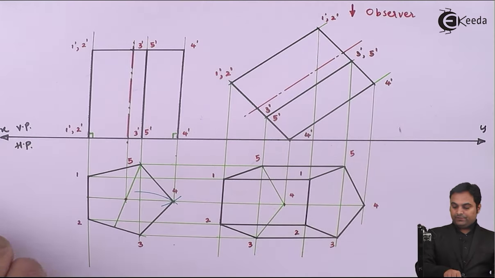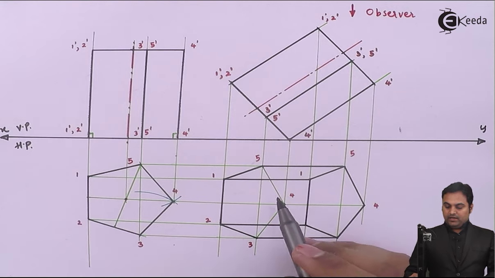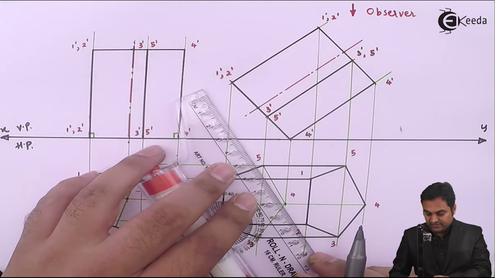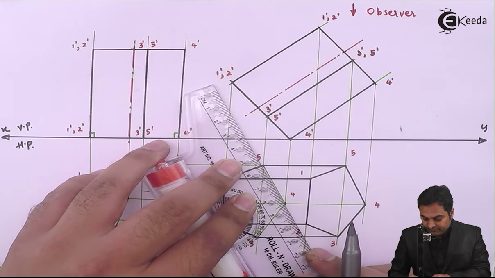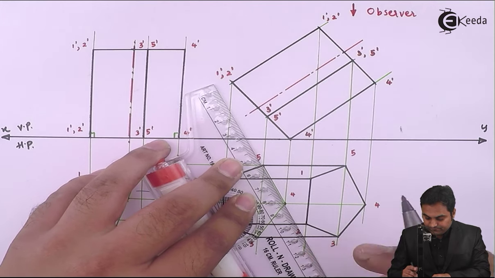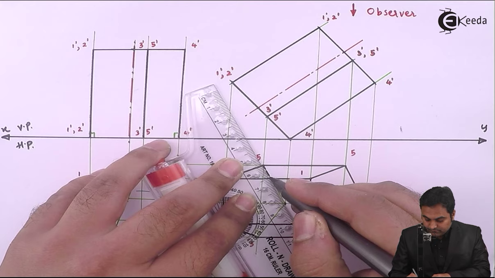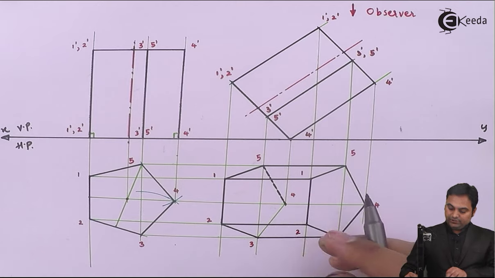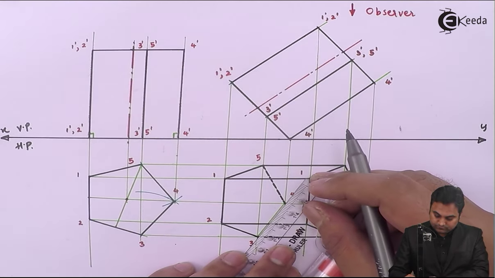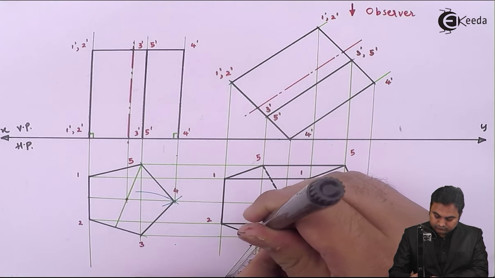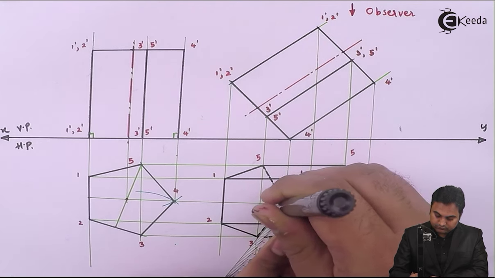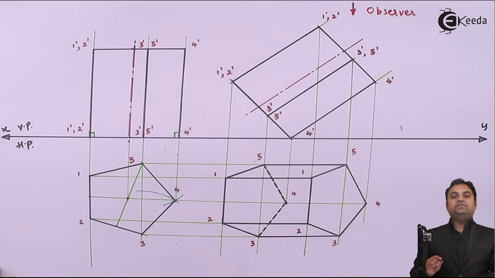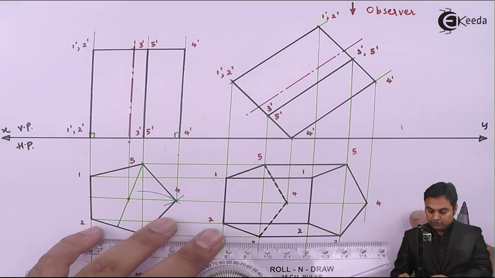After drawing these light lines, I have to connect them with the help of hidden lines, that is dashed lines, from 4 to 5 and 3 to 4. Next, from point 4 to 4 dash, since it is a continuous line, that will also be hidden.